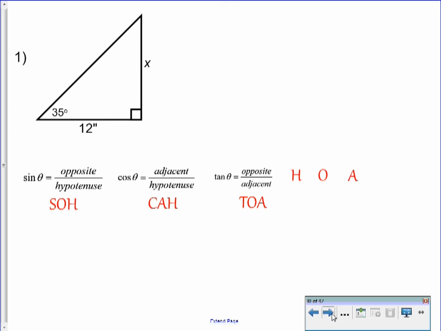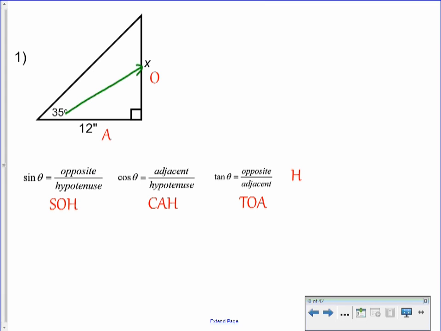So, let's take a look at an example problem. Numero uno. First thing I would recommend is look at our reference angle. Label what you know. So we have our lovely reference angle of 35 degrees. The 12 is adjacent. So there's our x. What is the x?